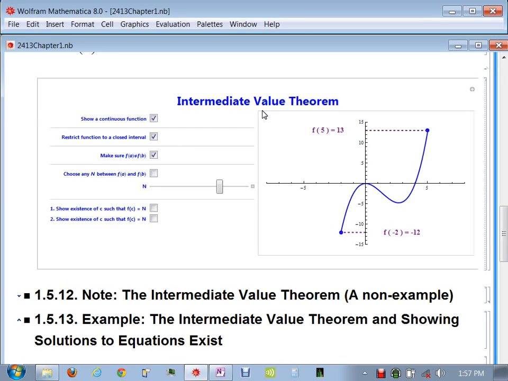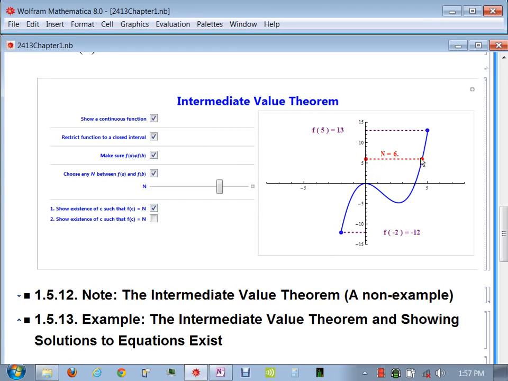Then the intermediate value theorem says that I can choose any value I want on the y-axis between 13 and -12. And what is guaranteed? If I pick a value like 6, at least one x value will achieve the value of 6.